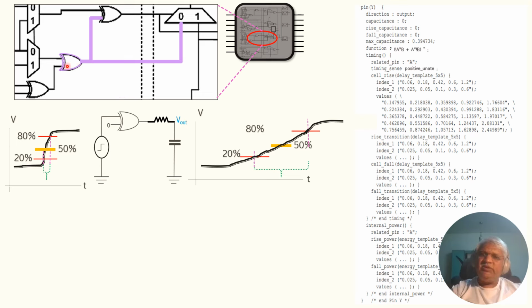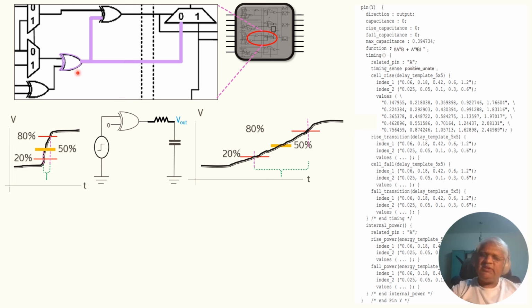Instead of HVT, we can make it LVT, giving a better transition time and reduced delay. Or, instead of changing the VT, we can change the length, from large length devices to small length devices.